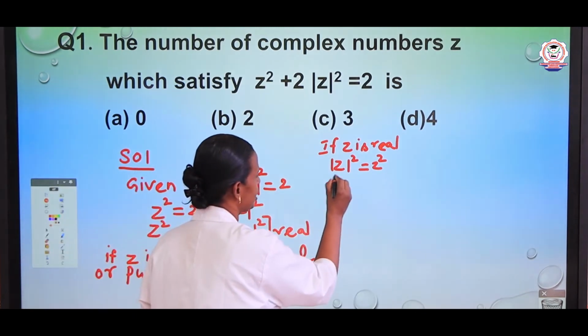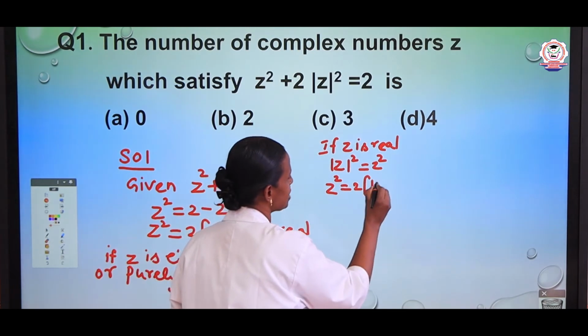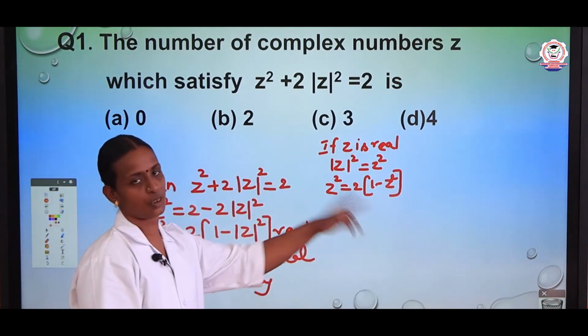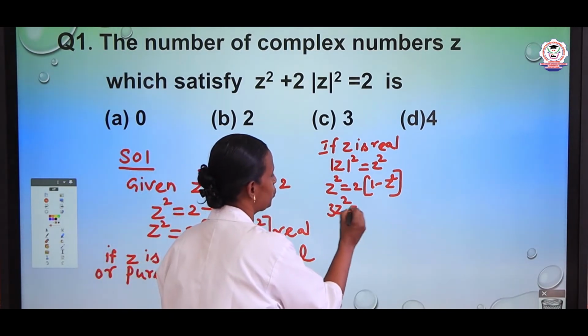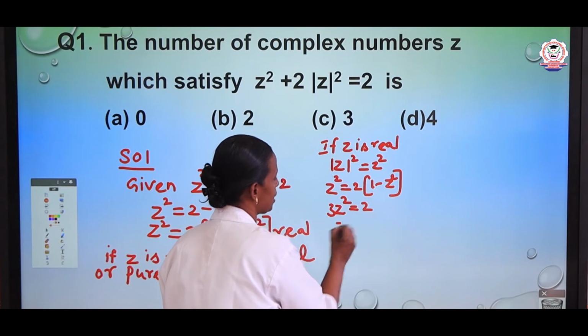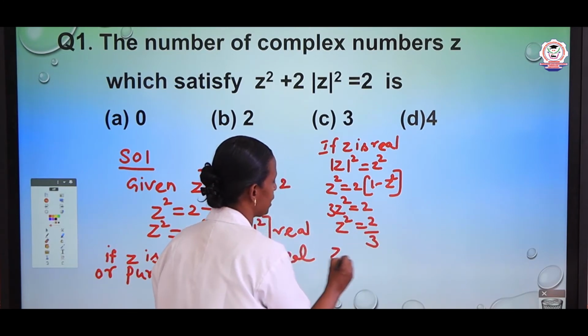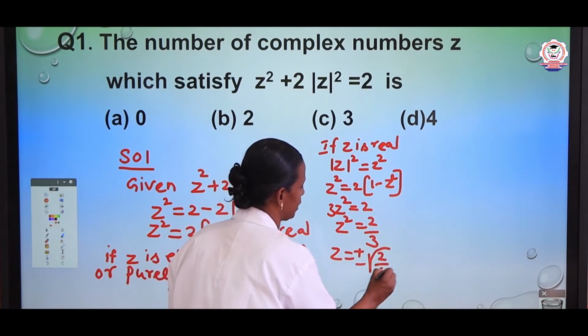Z square equal to 2 into 1 minus Z square. So minus 2Z square comes here, meaning 3Z square equal to 2. So Z square equal to 2 by 3, Z equal to plus or minus root of 2 by 3.